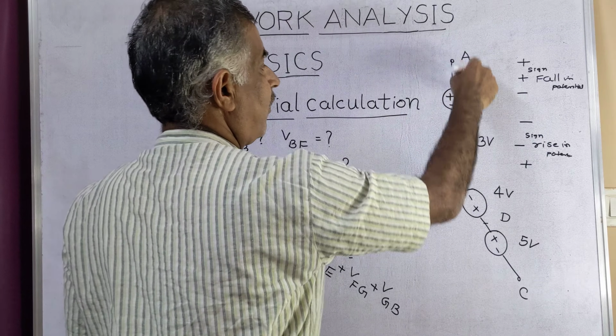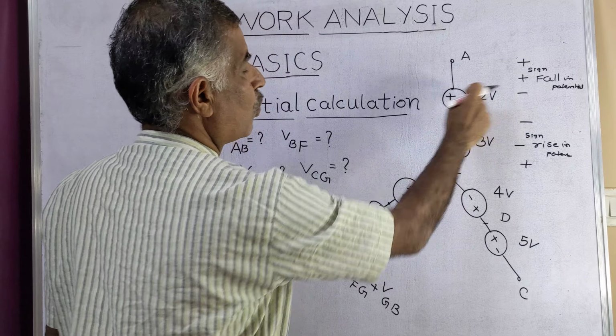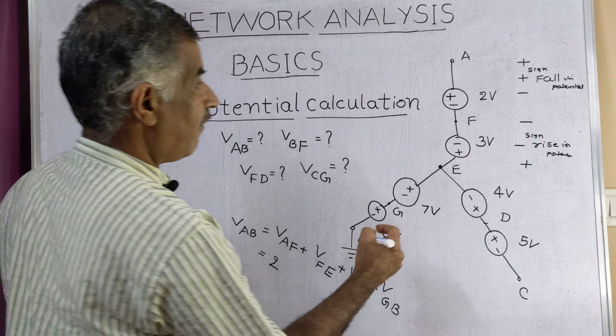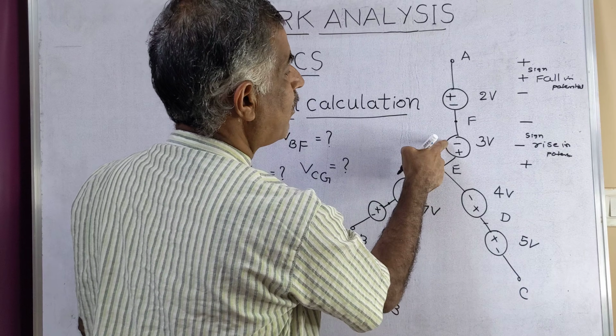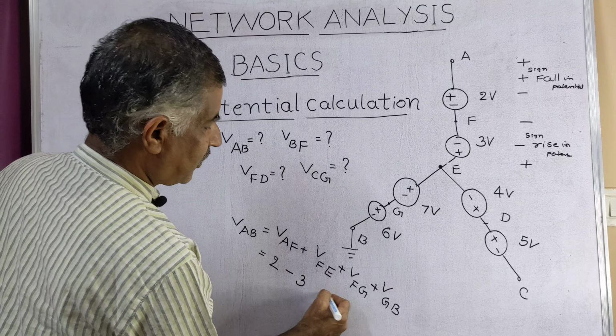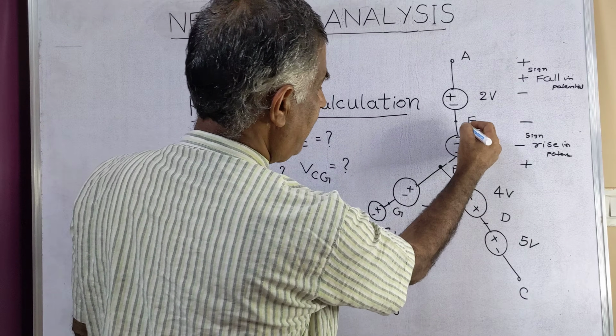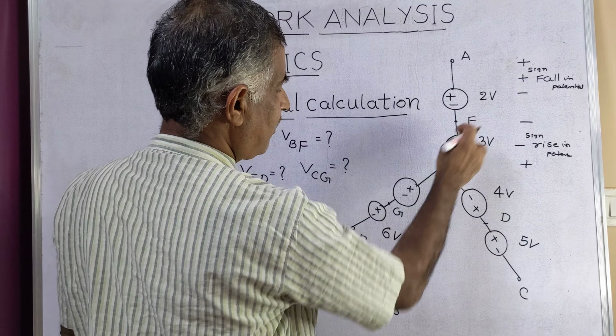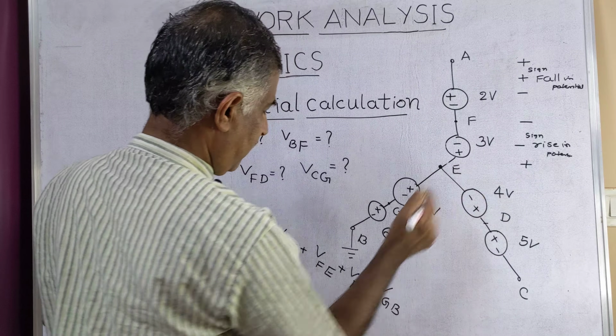Now VAF is 2 volts, fall in potential, take with plus sign. VFE, rise in potential, take with minus sign. Next, VEG.